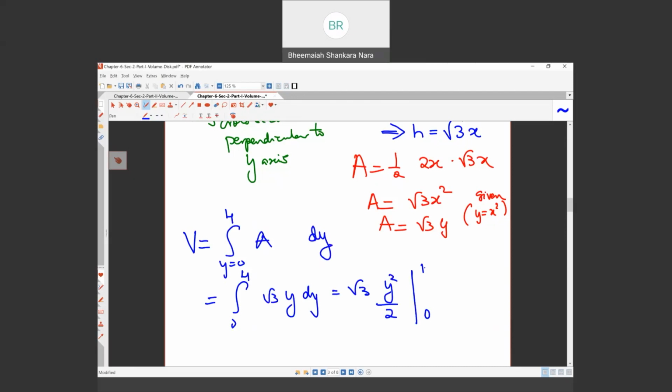Plug in upper limit, plug in lower limit, subtract, simplify. You see that you get 8 times square root 3, which is the volume of the solid, where you have the parallel cross sections, which are equilateral triangles, and these parallel cross sections are perpendicular to the y-axis.